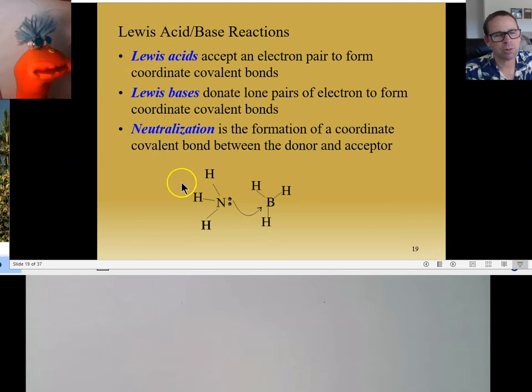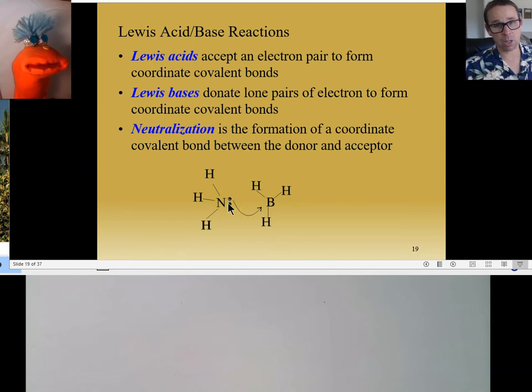For example, this is a Lewis acid-base reaction, but no hydrogens are actually moving. All that's moving is a pair of electrons. Usually with a Bronsted acid, we can just think about hydrogens coming on or coming off. But for Lewis acids and bases, we can't just follow the hydrogen because hydrogens aren't always moving.